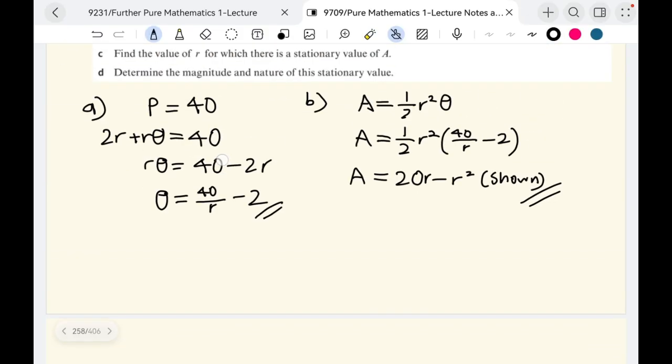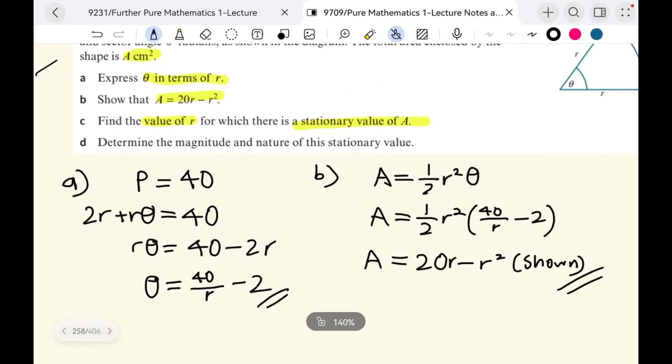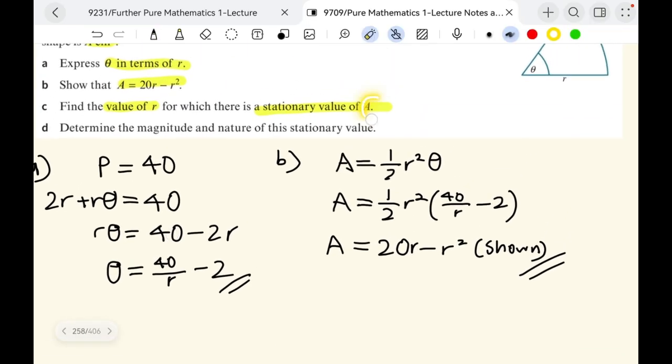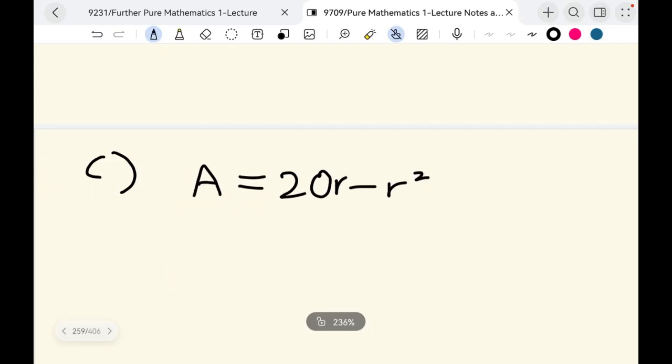Okay, now for the C, find the value of r where there is a stationary value of A. It means that A is stationary where its gradient is equal to 0. The gradient of A with respect to r. So take the equation that you have derived from B. Now you differentiate this equation.